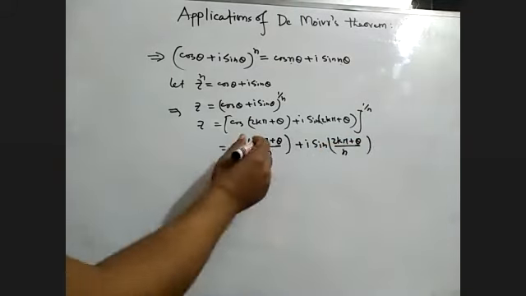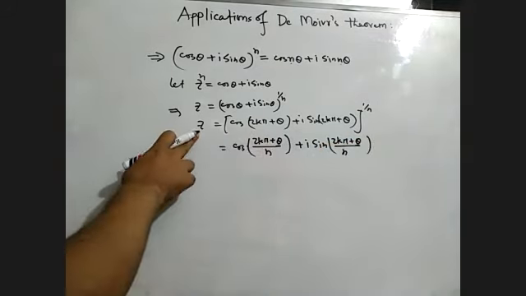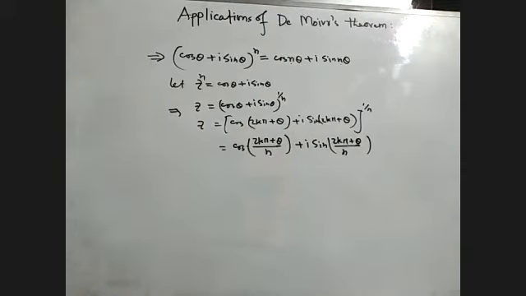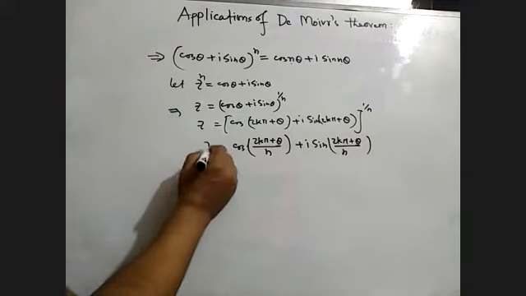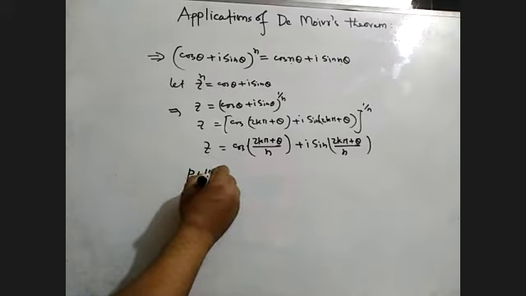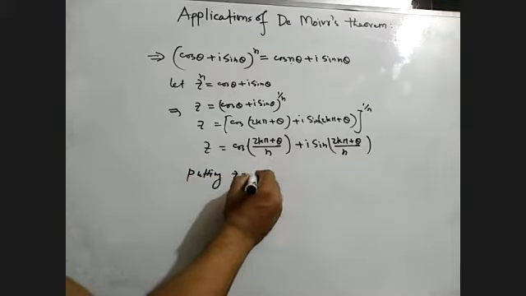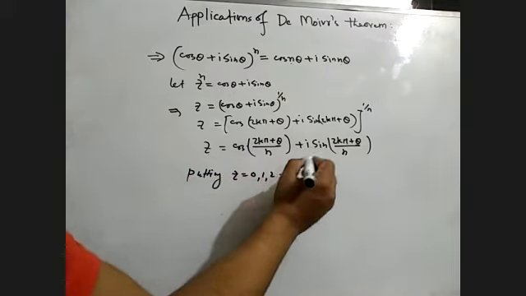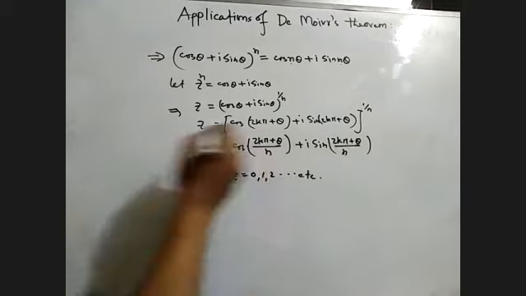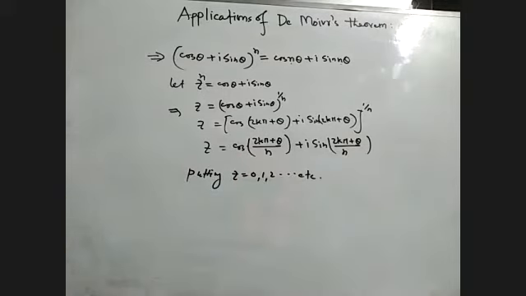For different values of k, we get different values of z. That means we get different roots of an algebraic equation. Just putting k equals 0, 1, 2, etc., we get different roots of this trigonometric or complex form of equation.